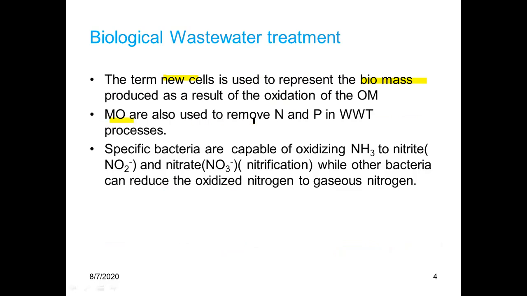Microorganisms are also used to remove nitrogen and phosphorus in wastewater treatment processes using anoxic processes, using nitrification or denitrification. Specific bacteria are capable of oxidizing ammonia to nitrite and nitrate, while other bacteria can reduce the oxidized nitrogen to gaseous nitrogen.